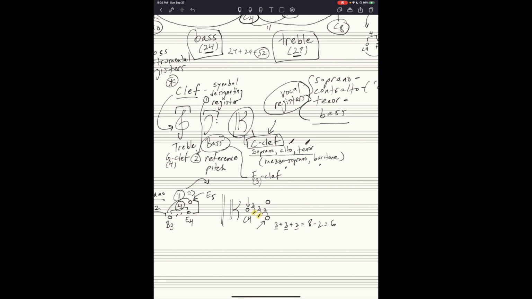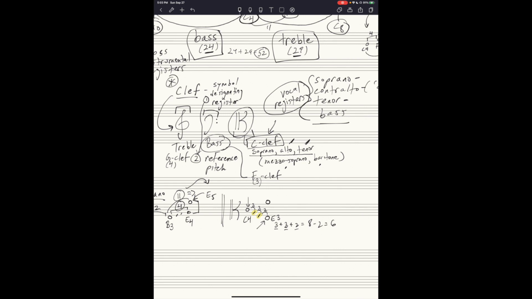What's a 6th below C4? Well, it's pretty easy because we can count letter by letter alphabetically, C down to B, down to A, 1, 2, 3, and then G, F, E, another 3. So C down to E is a 6th below, and it's in the third octave. So this is E3.